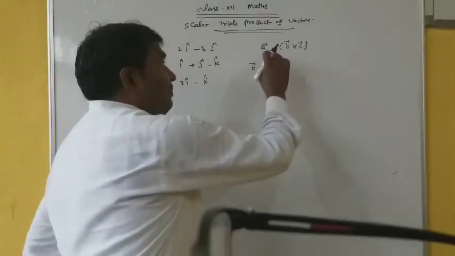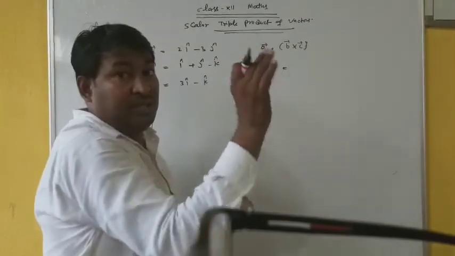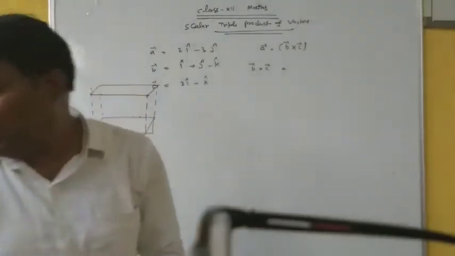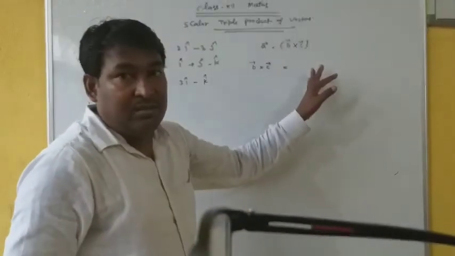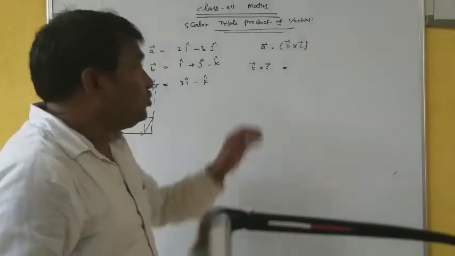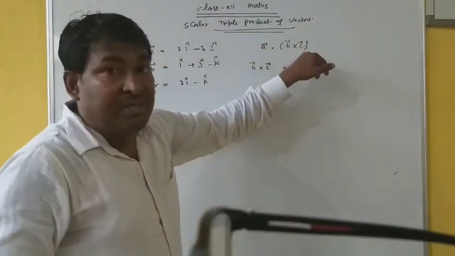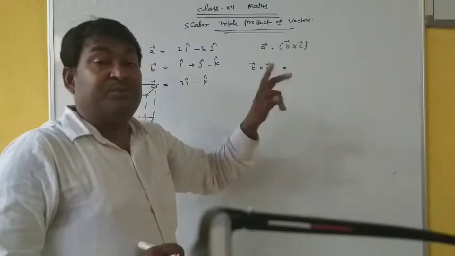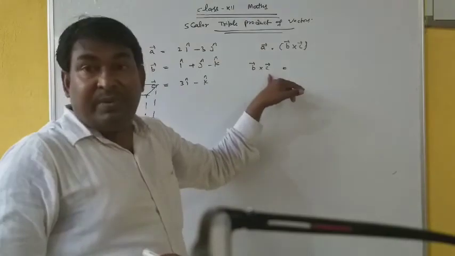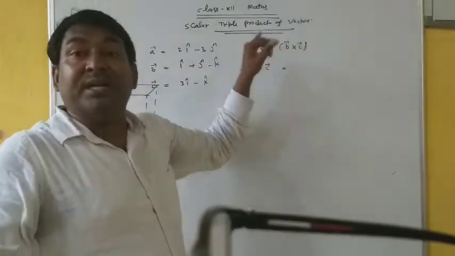And if vector A is in the plane of B and C, then only all three A, B, C will be coplanar. So if vector A is in the plane of B and C, while B cross C is perpendicular to B and C both, that means B cross C will be perpendicular to vector A also.